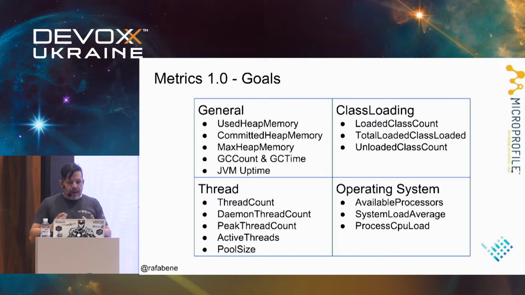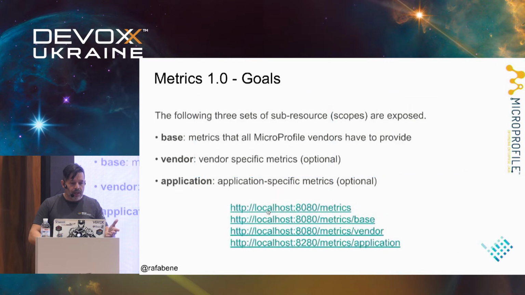So, as I said, for metrics, I can have different values coming for general purpose, like used heap memory, committed heap memory, max heap memory, or about class loading, about the operating system, like the CPU, system load, or even the thread.